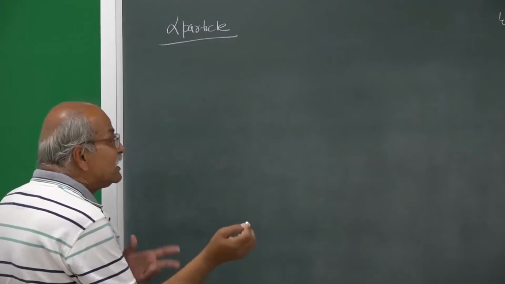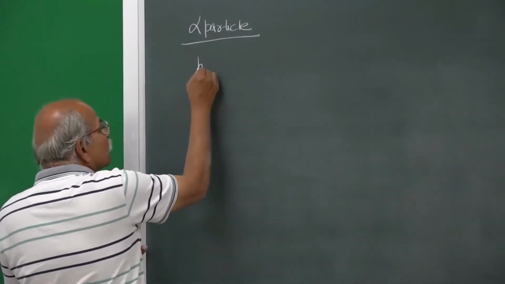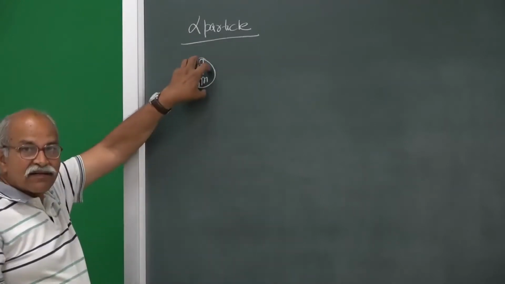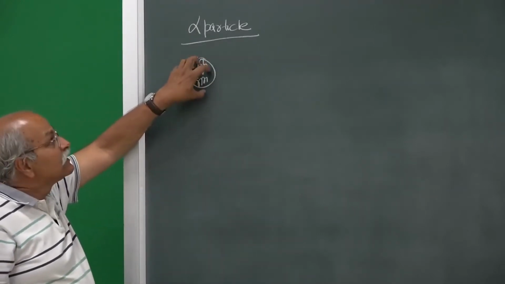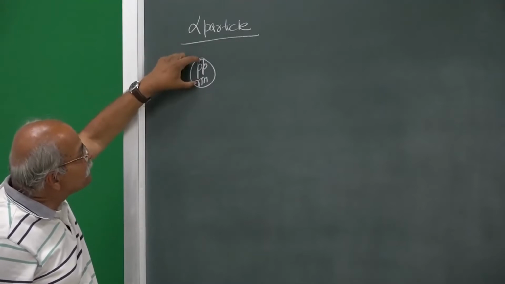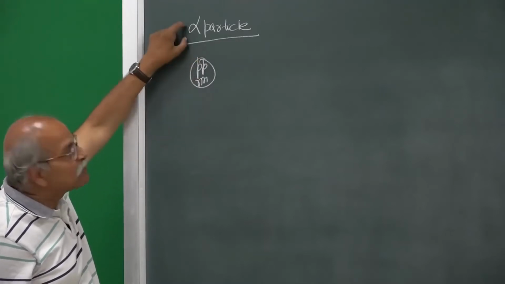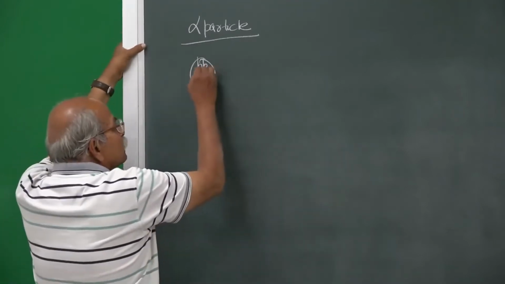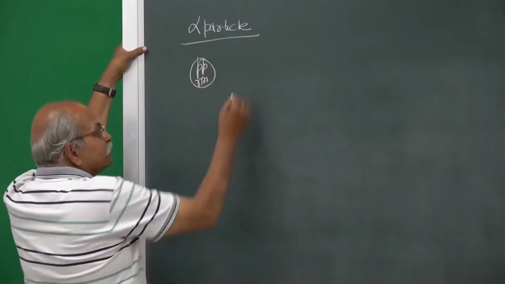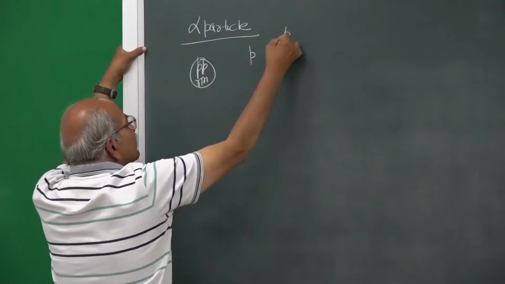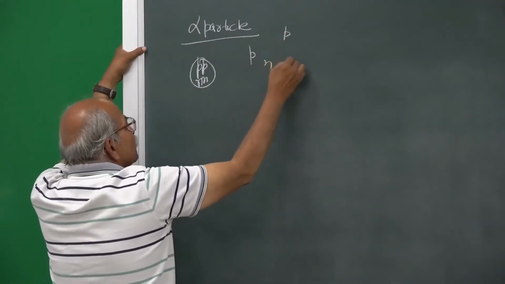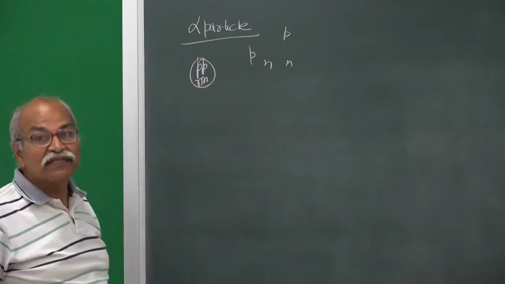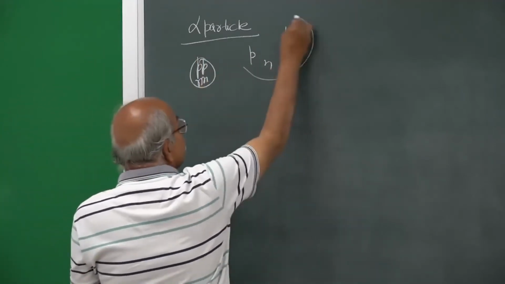The nucleus of a helium atom is 2 protons and 2 neutrons bound together in a very small volume, that is the helium nucleus, which is also called an alpha particle. Now, if you consider the 4 particles separately, P here, N here, N here, not in a nucleus but separated from each other, what is the rest mass here?